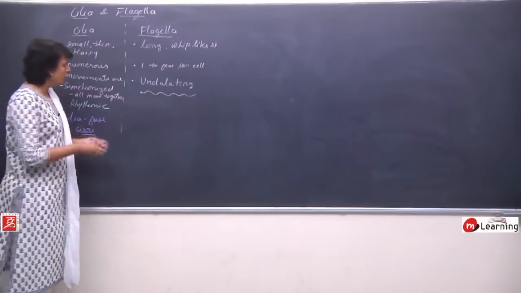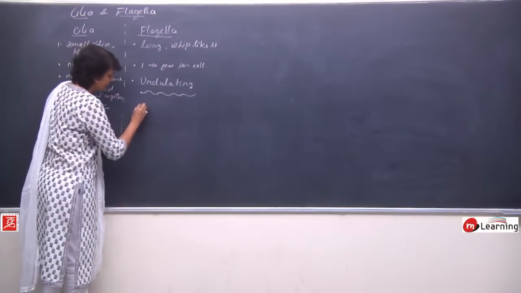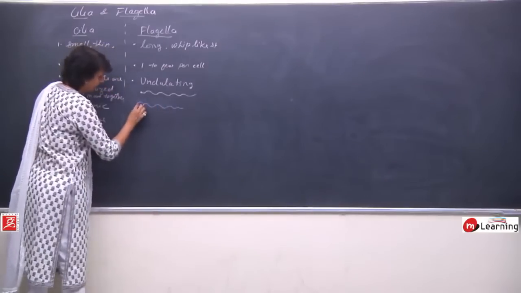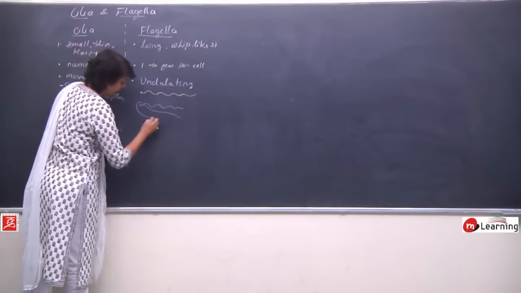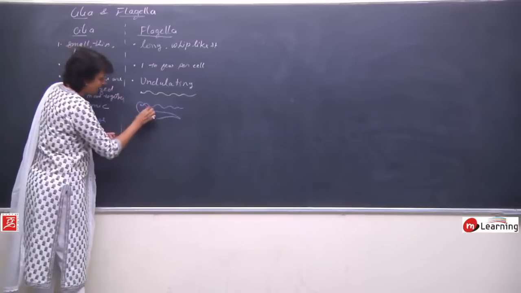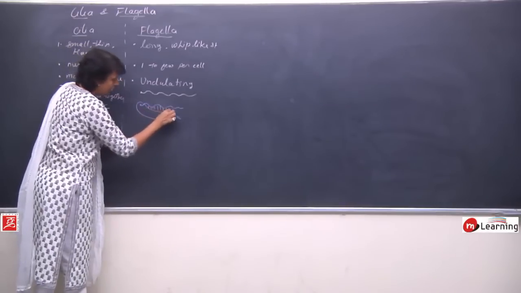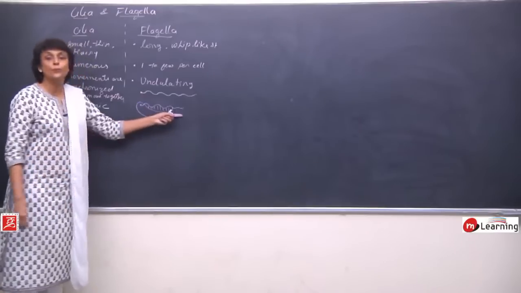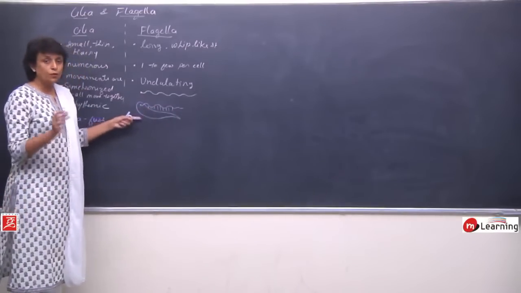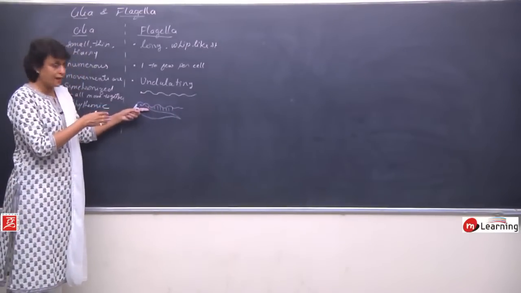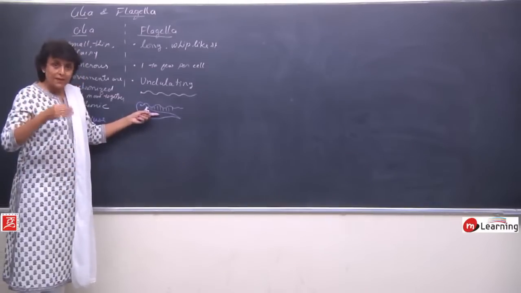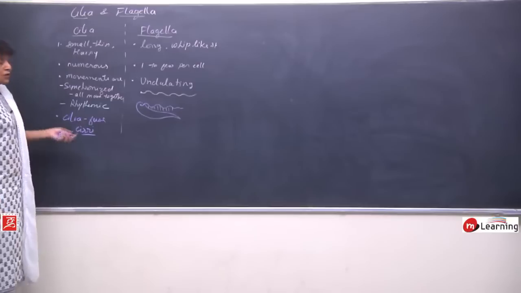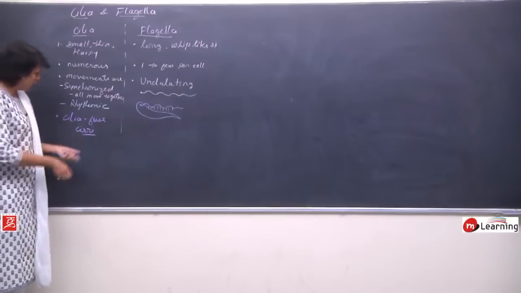Flagella normally don't fuse, but sometimes, if this is a flagellum and this is the organism, it would have a membrane between the flagellum and the body. It would just help in the movement of the organism. So they don't fuse, but it can have a membrane connection with the cell. Structure we will be talking about very soon.